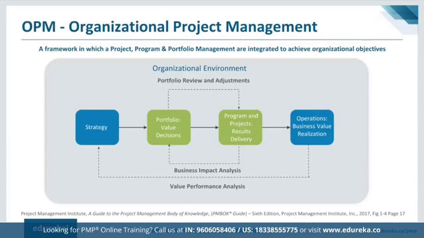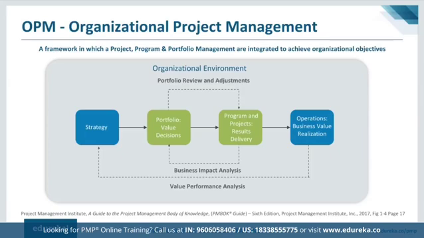How does this work? If you think from the application point of view, you have project, program, and portfolio management knowledge, and now you're applying it, and that's where the organizational objectives come into the picture. So you have a strategy. We have taken an example here where the strategy is to launch a new line of business.